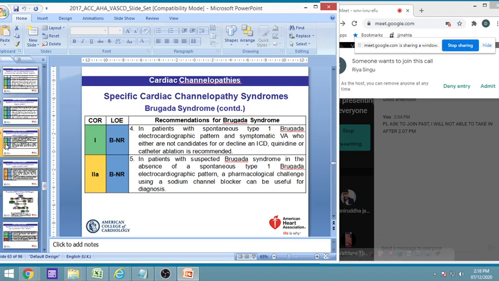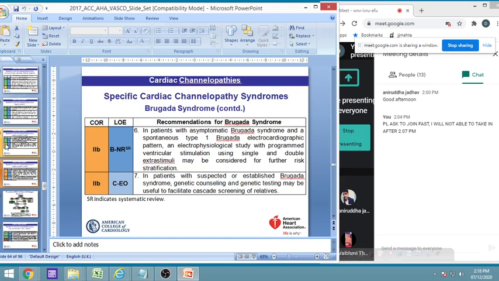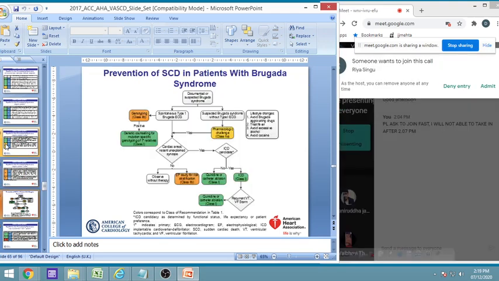So ablation is the only thing done in that case. For a patient with suspected Brugada syndrome in the absence of a spontaneous type 1 Brugada ECG, giving a sodium channel blocker can be useful for the diagnosis. We will not go for these class 2 recommendations, because they are not very common or very important.